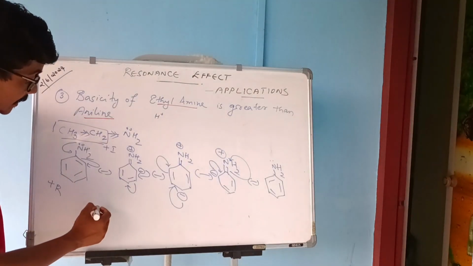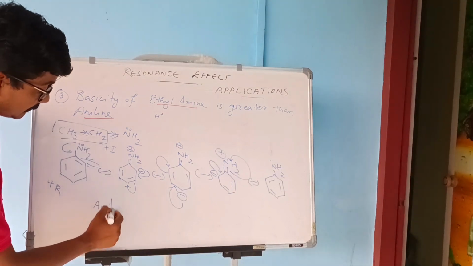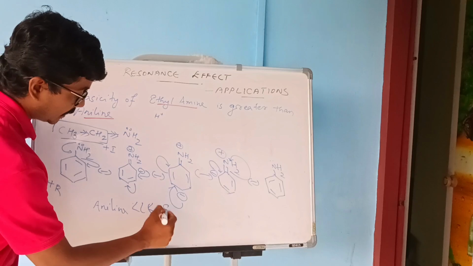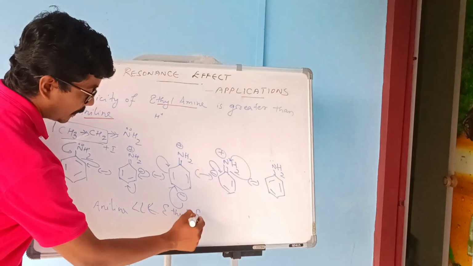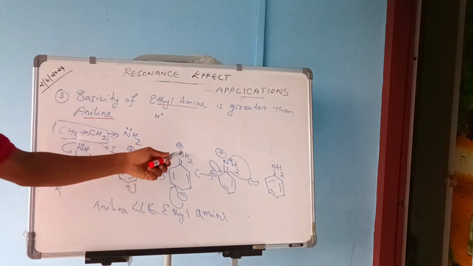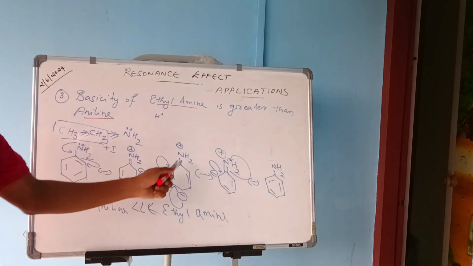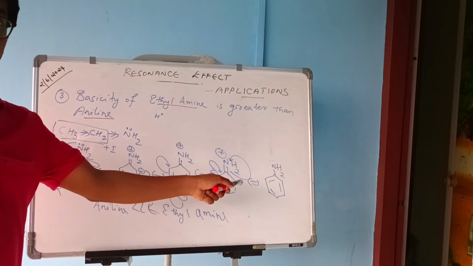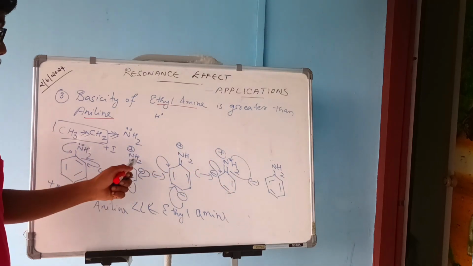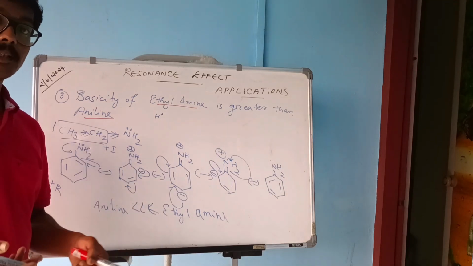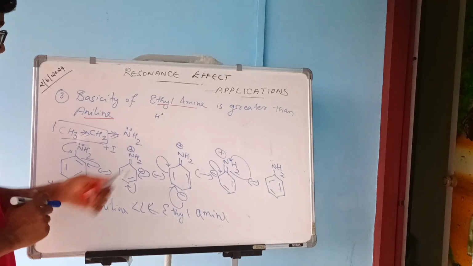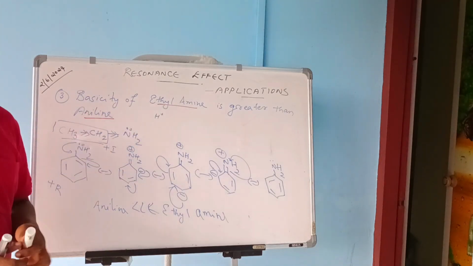As a result, the basicity of aniline is very low compared to ethylamine. Why? Because the lone pair on the nitrogen atom takes part in the resonance phenomenon. It is moving towards the ring. So the lone pair is not available on the nitrogen atom, and its basicity decreases. So when we compare with methylamine, the basicity of aniline is very low.